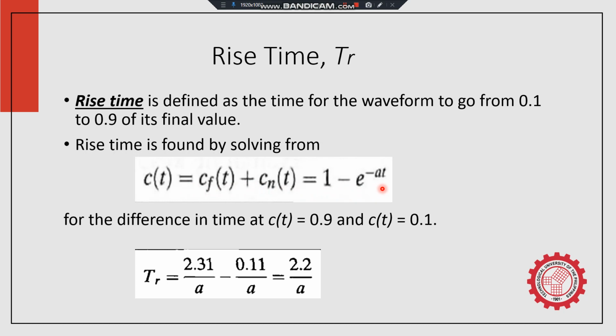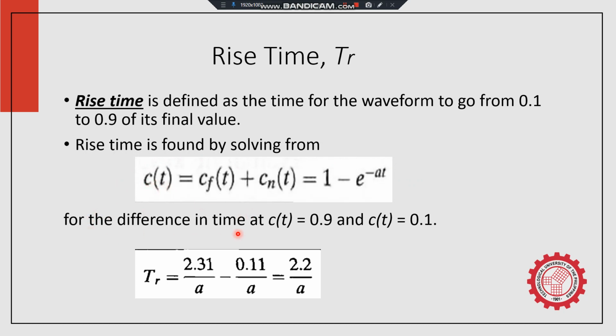And with the same way of solving earlier, we substitute the value to be at 0.1. So what will be the time? And if we're going to solve for the value to be at 0.9, what will be the time?